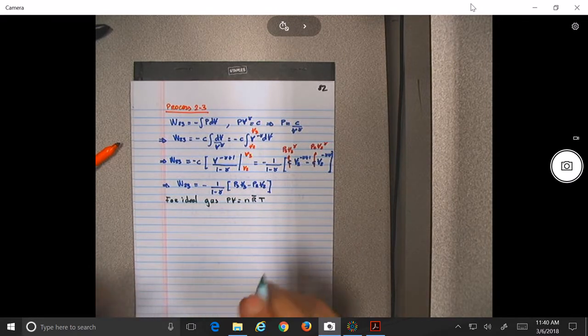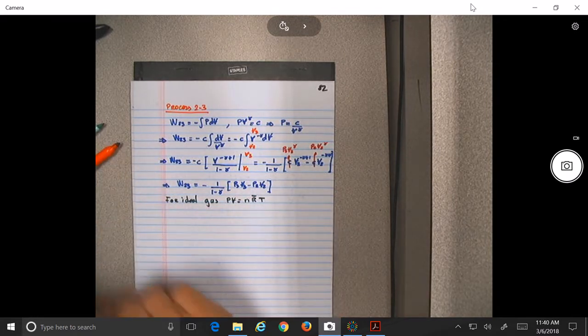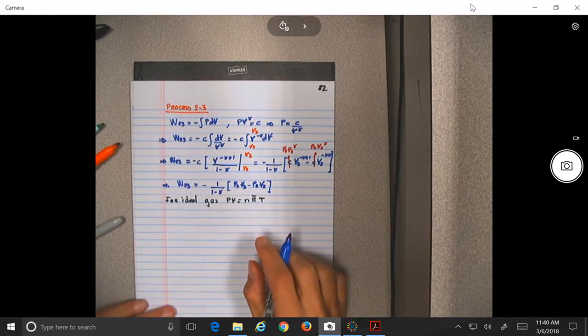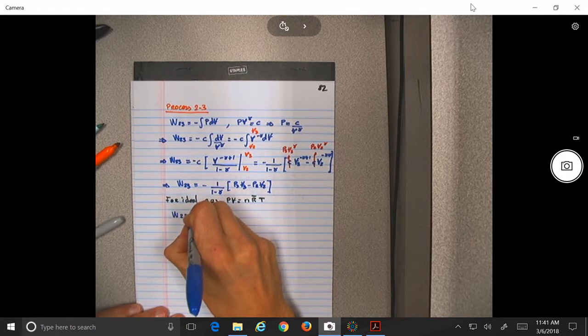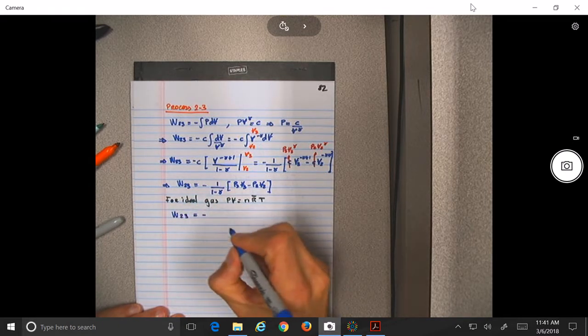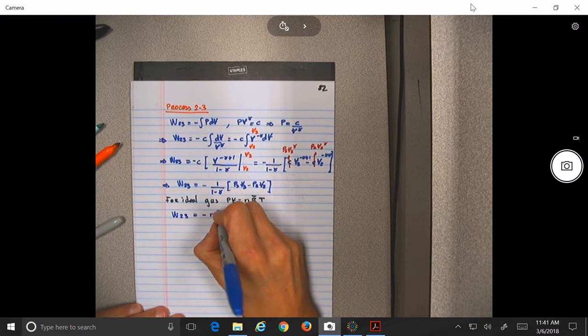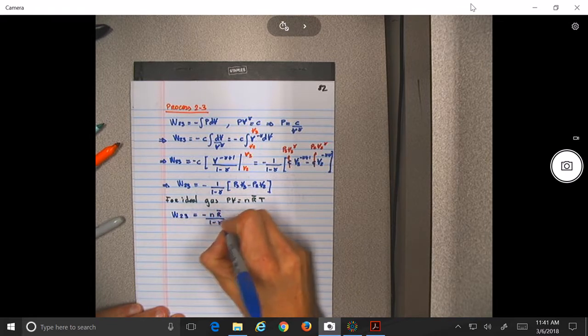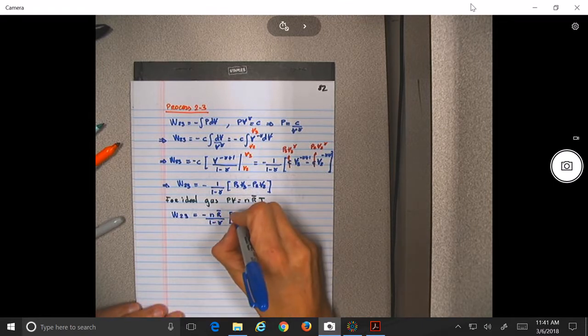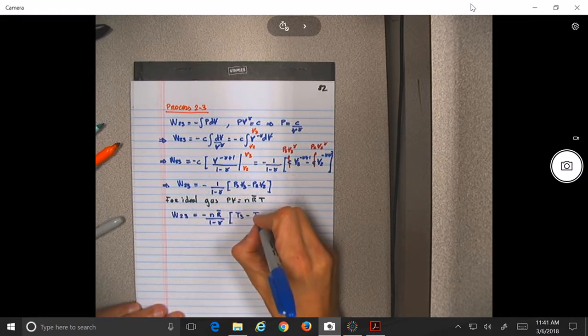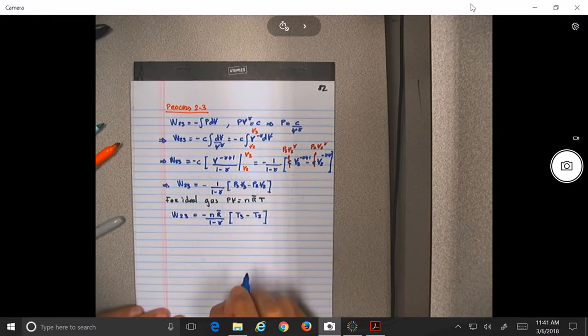Okay, I'm gonna speed up a little bit here, so I don't have to write it twice. Let me write it twice, once more. So work 2, 3 will be equal to what? Minus nR over 1 minus gamma times T3 minus T2.